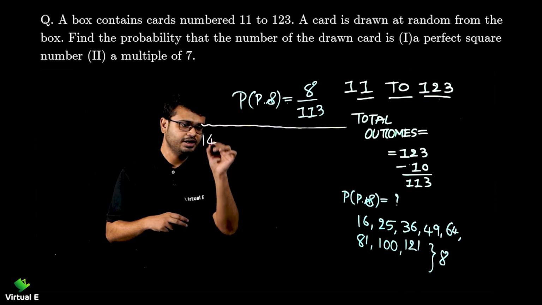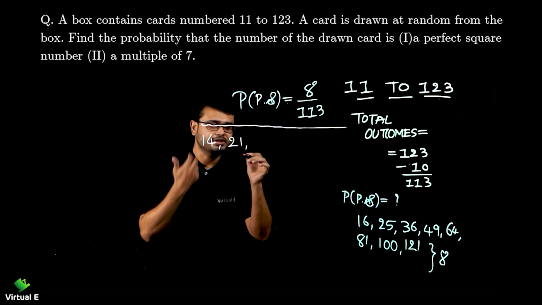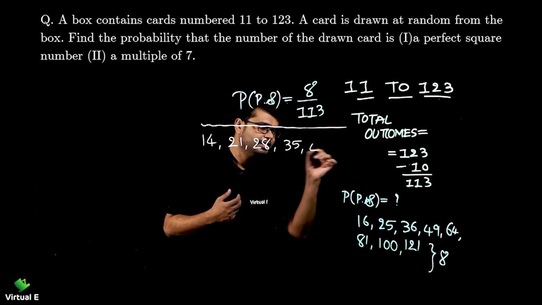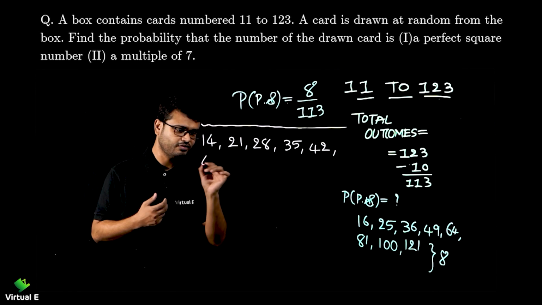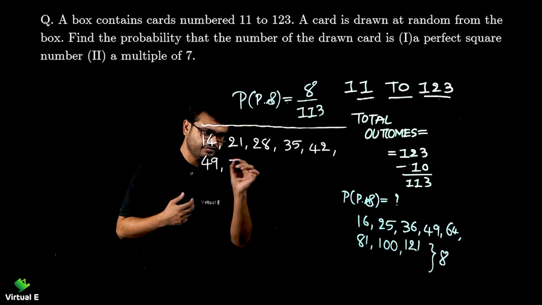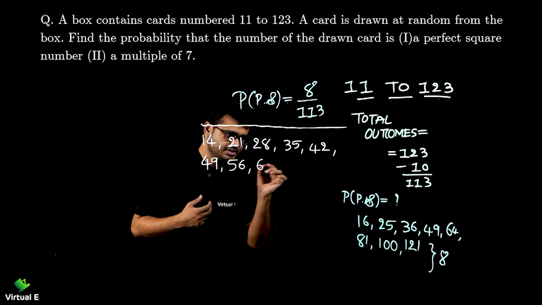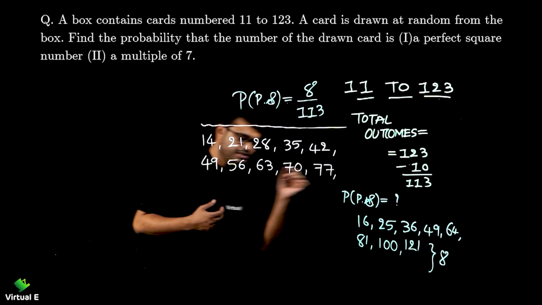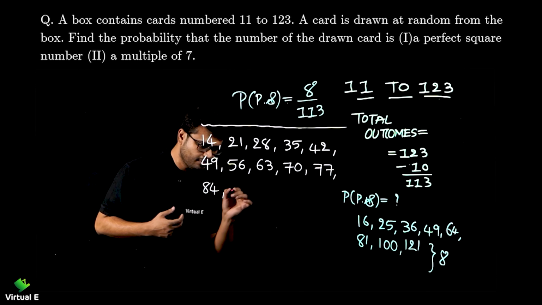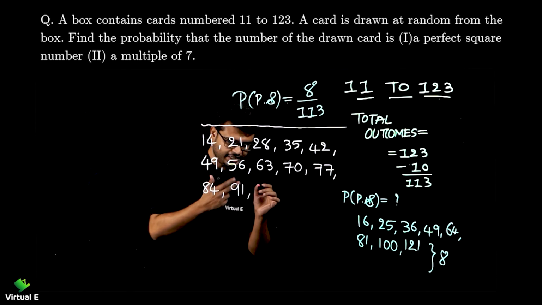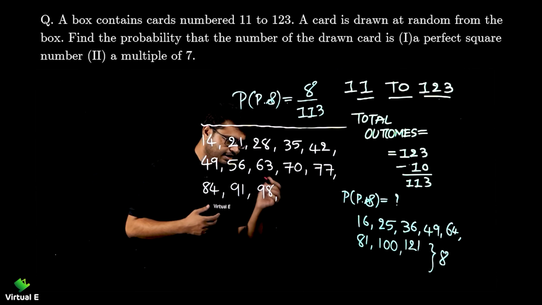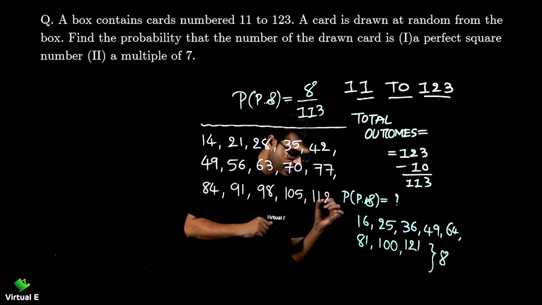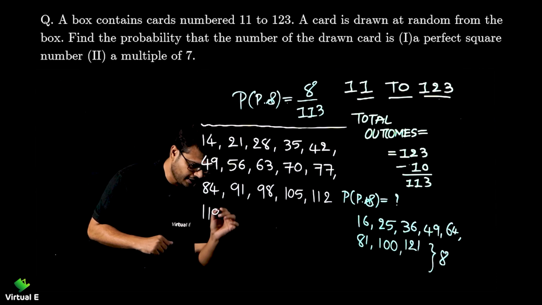First is 14, then 21, 28, 35, 42, 49, 56, 63, 70, 77, 84, 91, 98, 105, then 112, then 119.